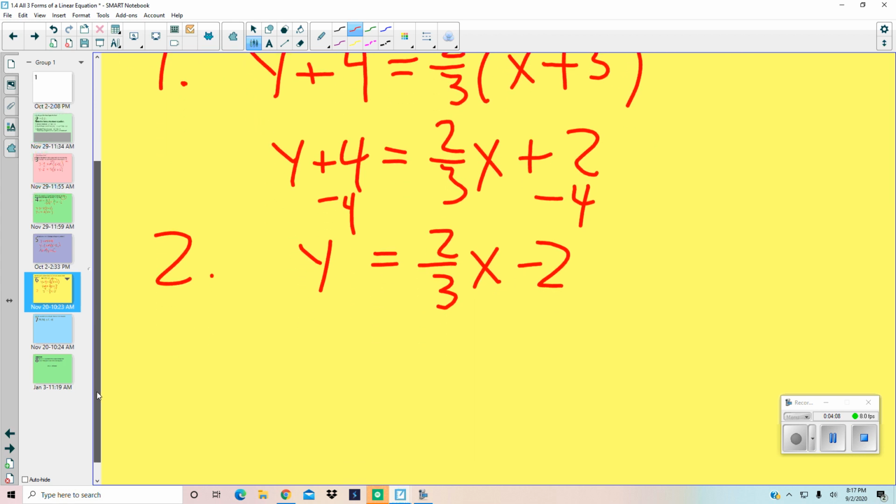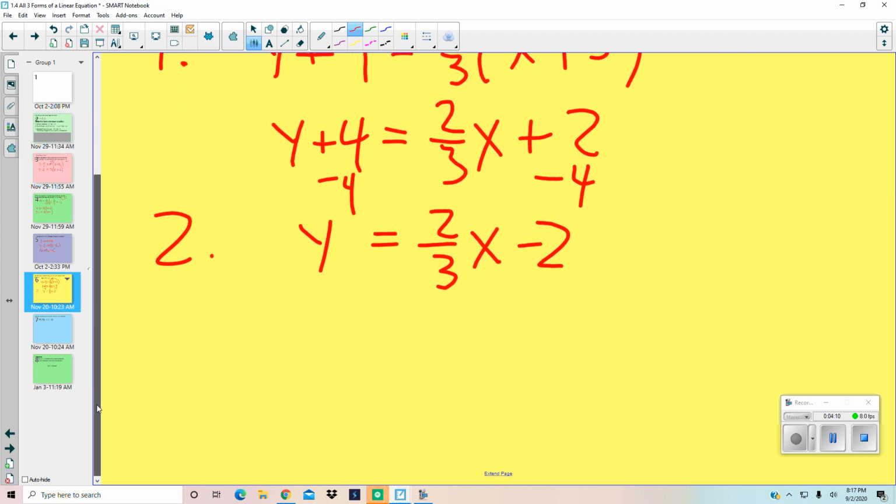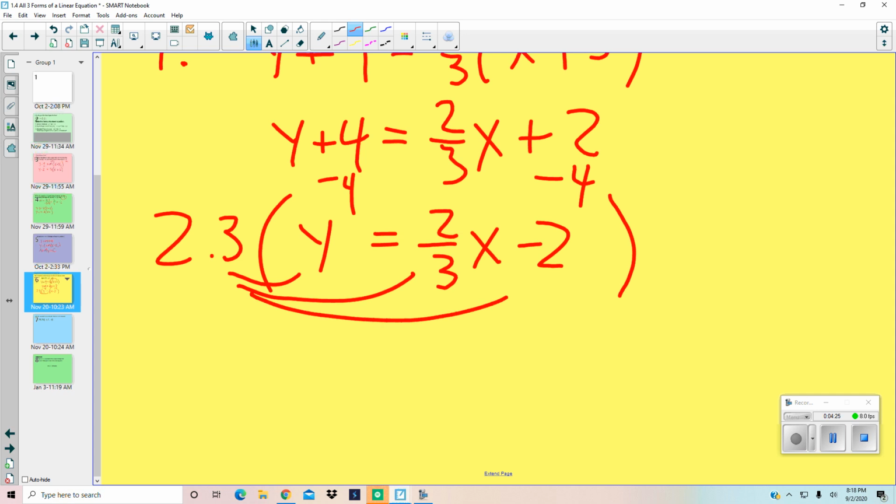For standard form, you want to get the x on the other side and get rid of that fraction. The way to get rid of the fraction is to multiply the whole equation by the common denominator. Well, there's only one denominator, and it's 3. So then I have to multiply each term by 3. That would give me 3y equals 2x minus 6.